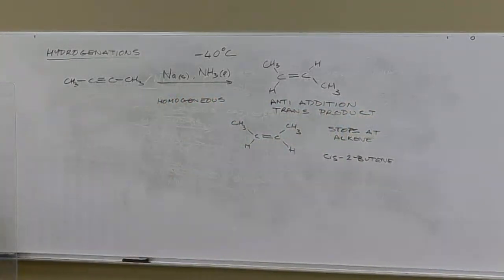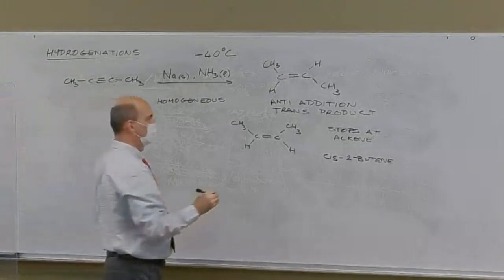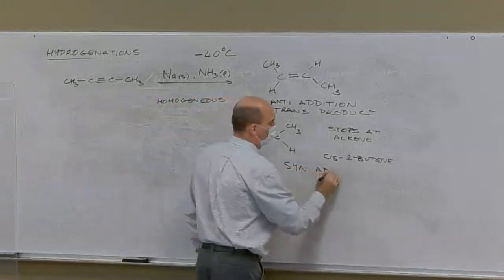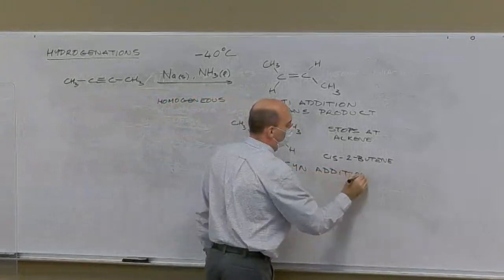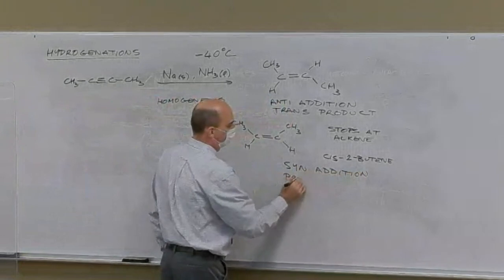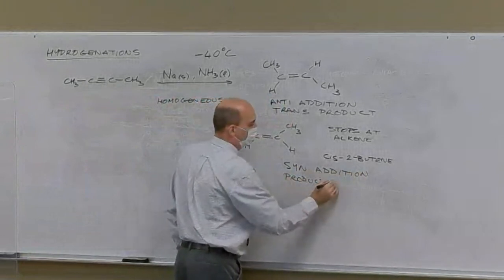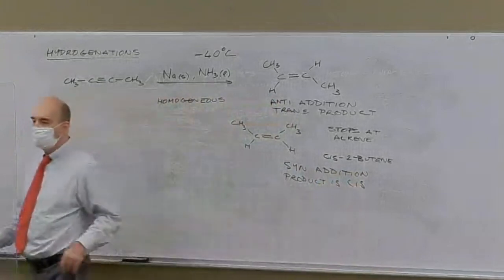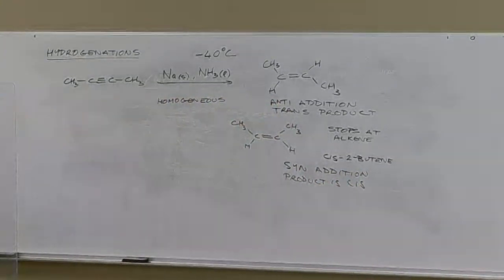With Lindlar, the process is syn. And the product is cis. So now we need two words, one for the product and its geometry, and one for the process in which it is made.